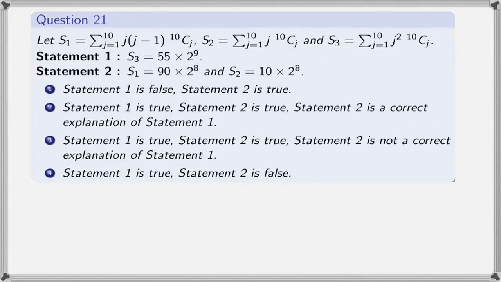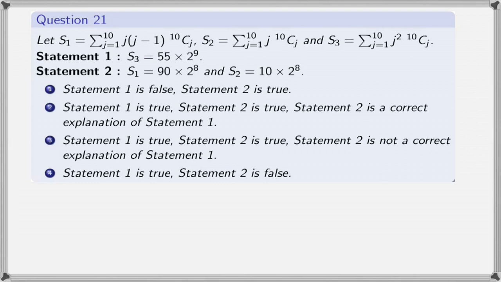This is our last question of the problem solving session on binomial expansions. In this question, we are given 3 sums S1, S2 and S3. We are also given 2 statements regarding the values of these 3 sums. We shall figure out whether statement 1 and statement 2 are correct or not.